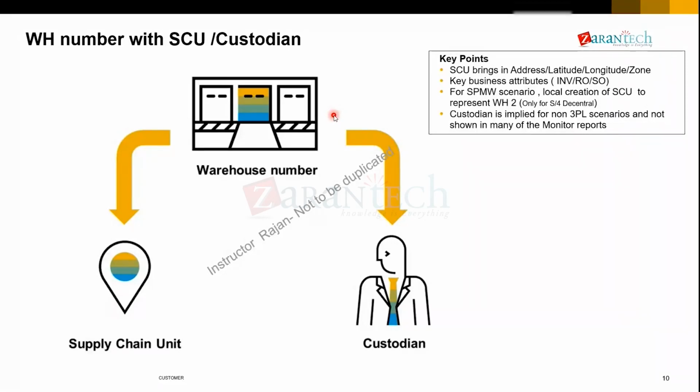The core interface has an advantage, wherein you can send the plant and shipping point. But in S/4HANA decentral, there's no provision, so you have to create the supply chain unit manually and assign it to the warehouse. It's one-to-one.